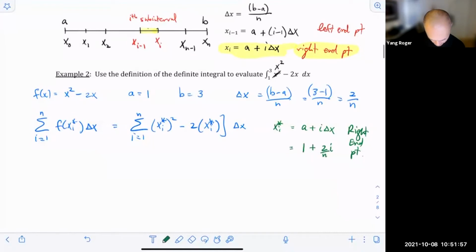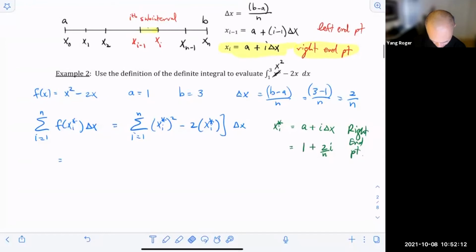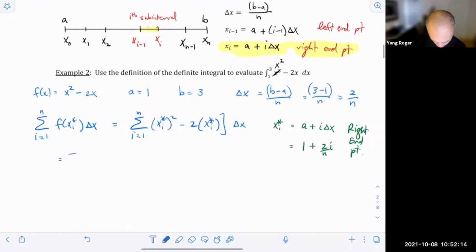So I'm going to make that substitution. So this guy is going to be, this problem kind of takes a lot of space, so let me scoot over here. This is going to be equal to the sum as i goes from 1 to n.